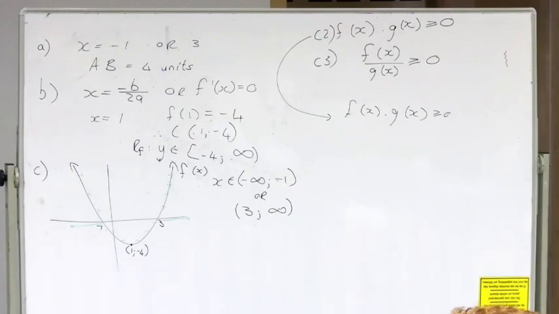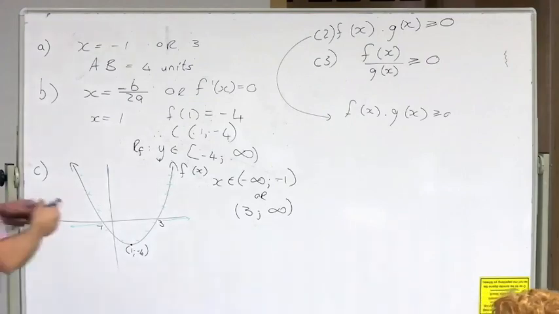And please don't forget about the graph now. When is something times by something else positive? When is something times by something else going to give me a positive? When I have a positive times a positive, or a negative times a negative. So those are my two options, right?